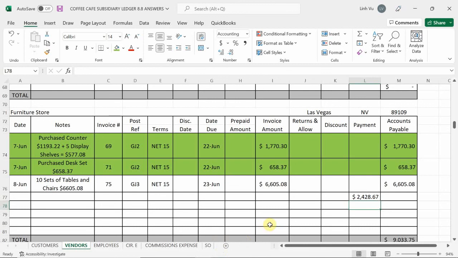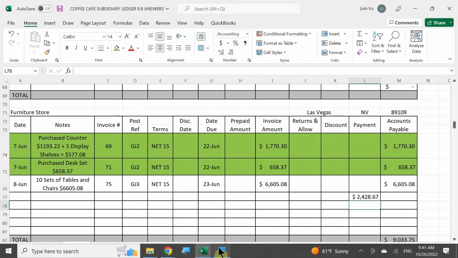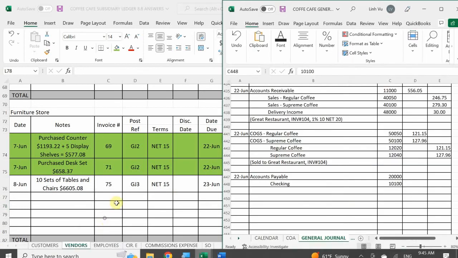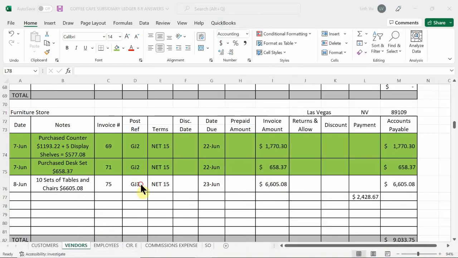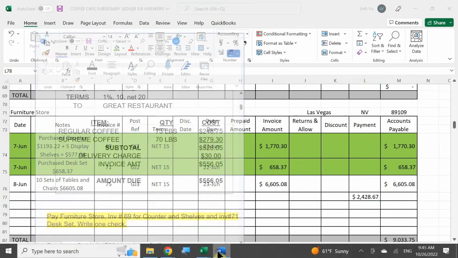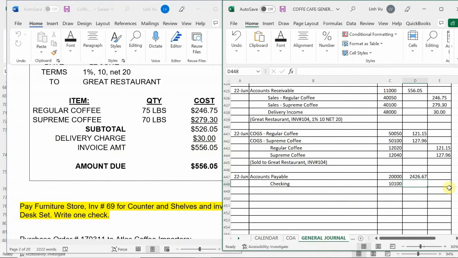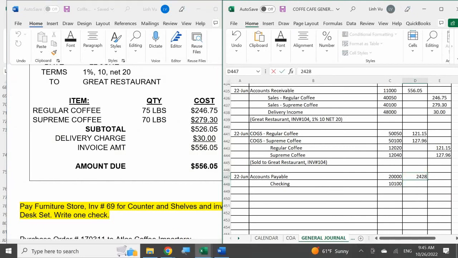So 2428.67 is my total amount. And how am I going to pay this $2,428.67? With a check. We're going to write a check.